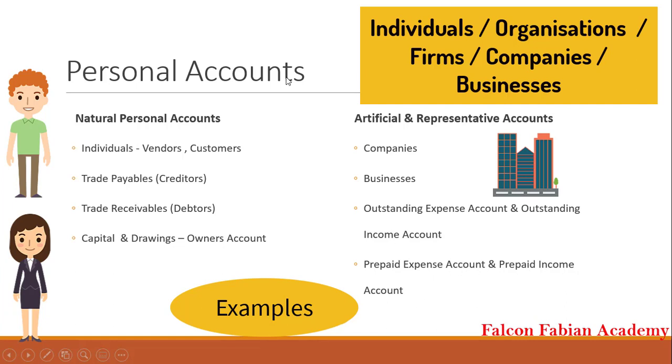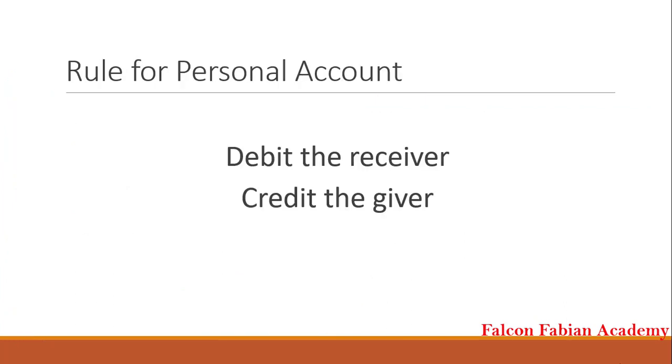So the rule for personal account is going to apply to the accounts of all individuals, firms, companies, organizations, institutions, representative accounts, and any other business with whom a transaction is being made. So the rule for personal account is debit the receiver and credit the giver. Now let's understand this rule with the help of an example.